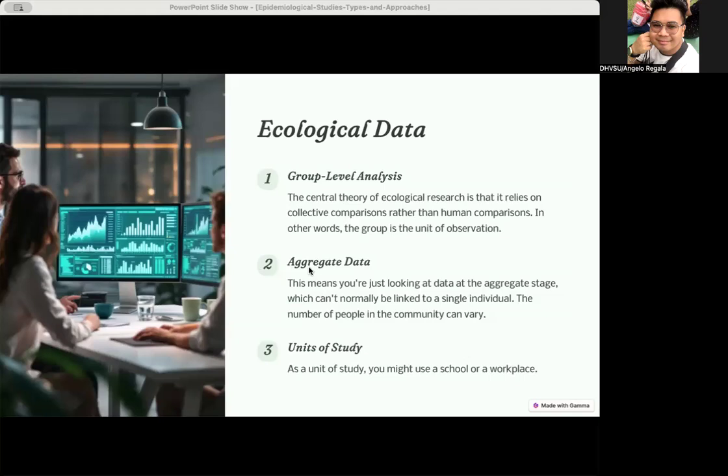So when we talk about ecological studies, data are in a larger scale comparison which are needed to come up with understanding or information.